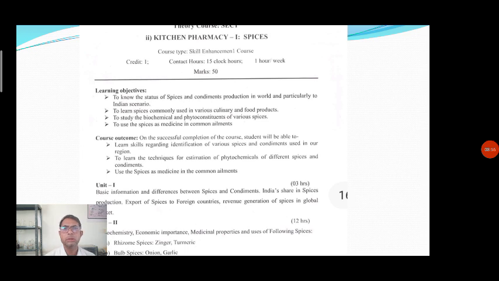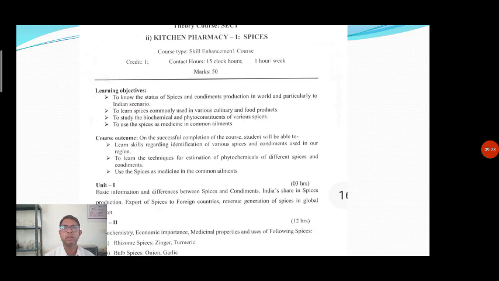Now what is the course outcome? What outcomes will we get after doing this particular study? On the successful completion of the course, students will be able to learn skills regarding identification of various spices and condiments used in our region, particularly in the kitchen. To learn the techniques for estimation of phytochemicals of different spices and condiments.